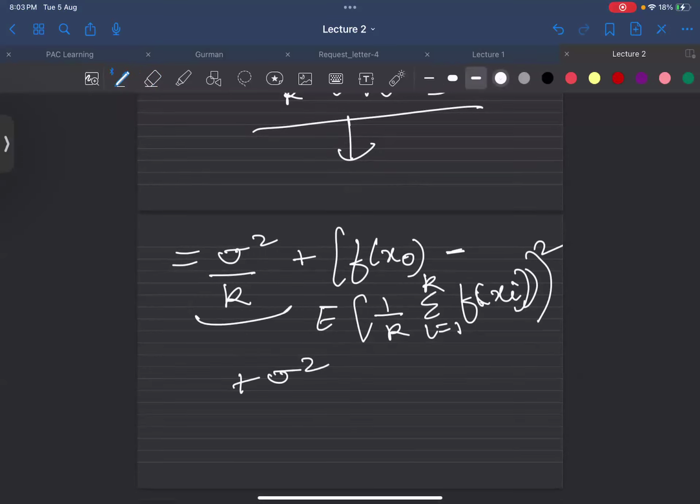So this is basically variance and bias, as we have written in other terms.